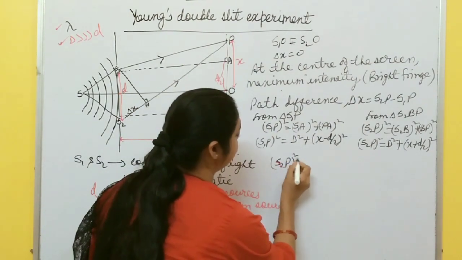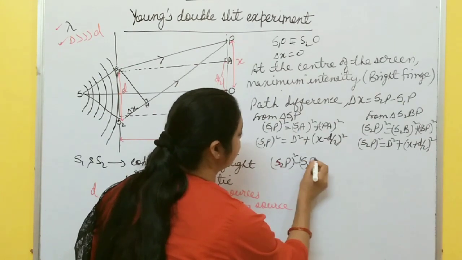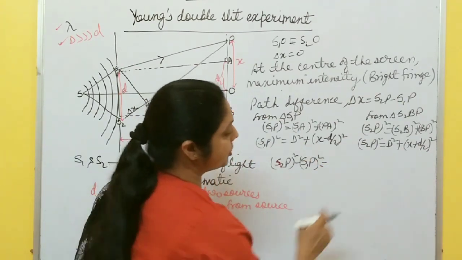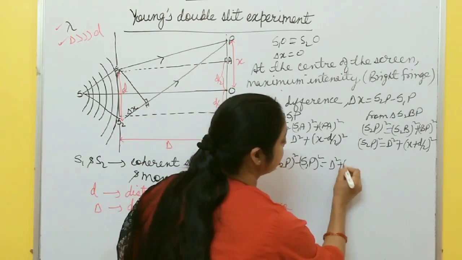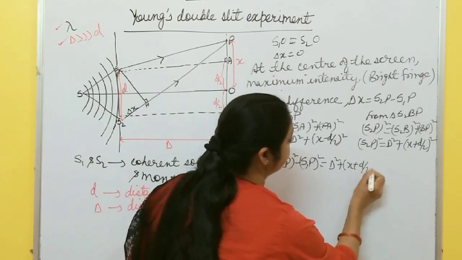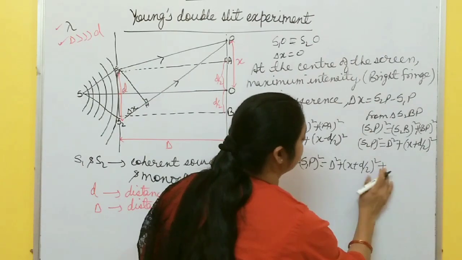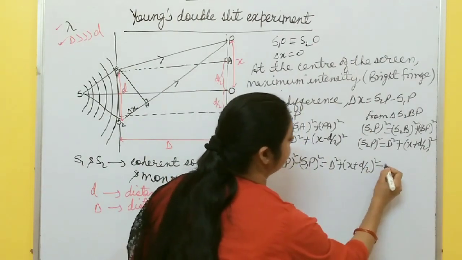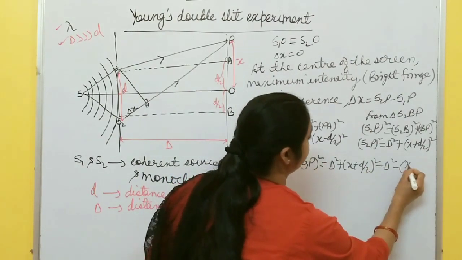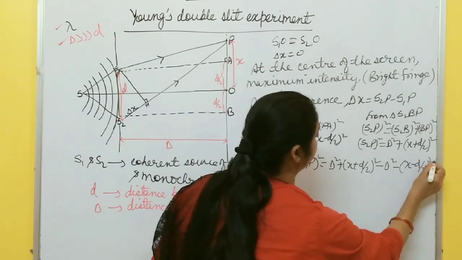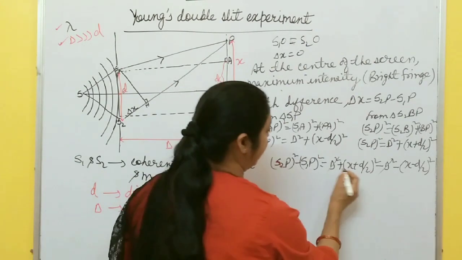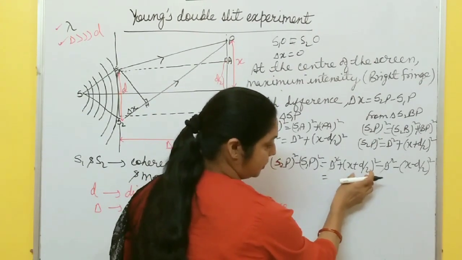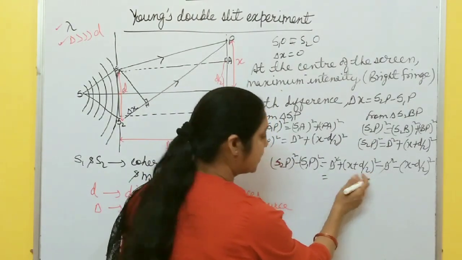S2P square minus S1P square equals, on the right-hand side also subtracted, D square plus x plus d by 2 whole square minus D square minus x minus d by 2 whole square. The D square cancel each other, and then again you just open this one, x plus d by 2 whole square.